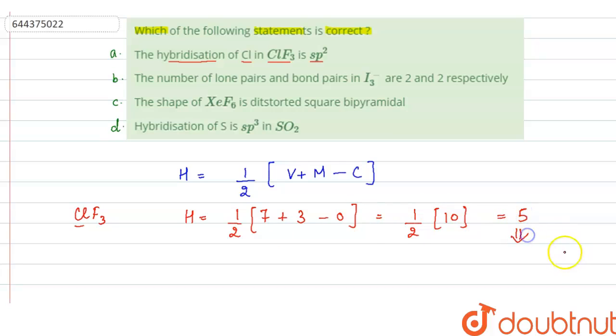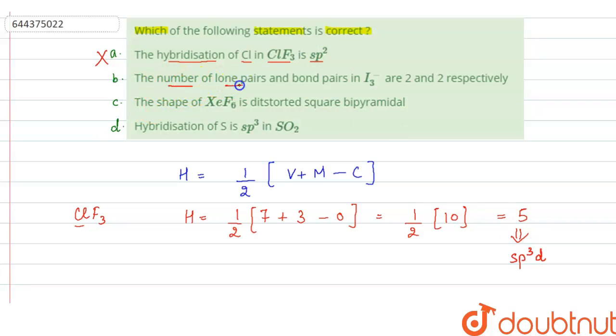Now 5 means 5 orbitals of chlorine will get hybridized. So the hybridization will be sp3d. So option A is wrong. Hybridization is not sp2.